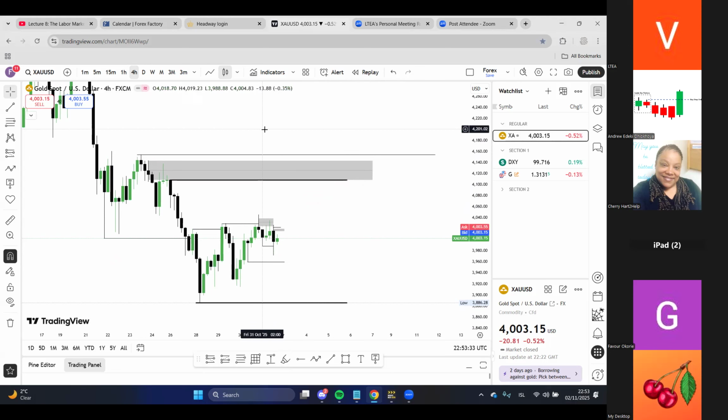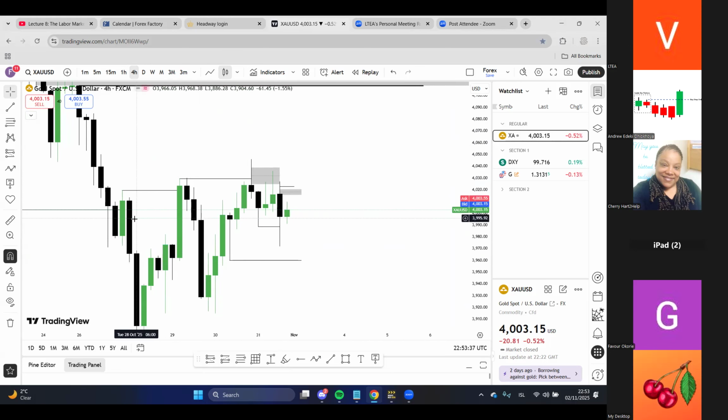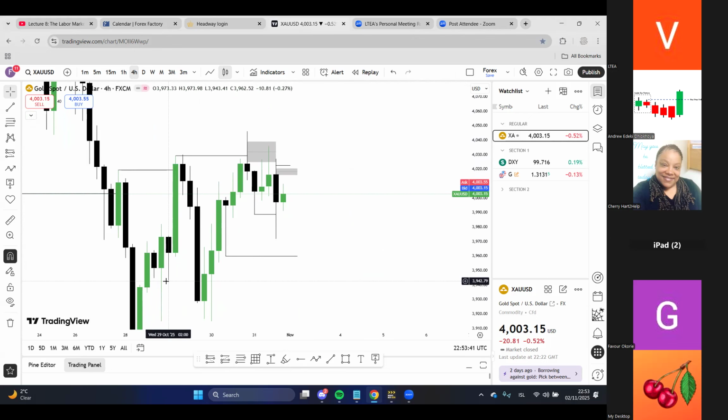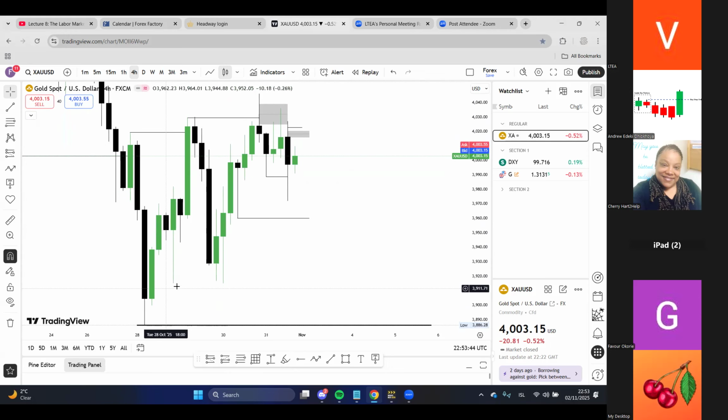But in this 4 hour as well, when price broke above this high, price also broke this level either way, but not really here, because this is where the overall level came from. But all of these are internal.